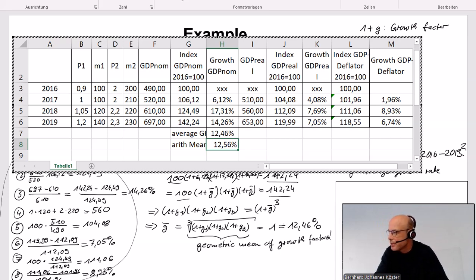Well, because it's of course another calculation, and you should keep in mind, in general, if you have only small numbers, only small growth rates, actually less than 10%, then you can approximately just use the arithmetic mean. But if you have larger ones, then be careful that you use this geometric mean, because your error could be quite large.